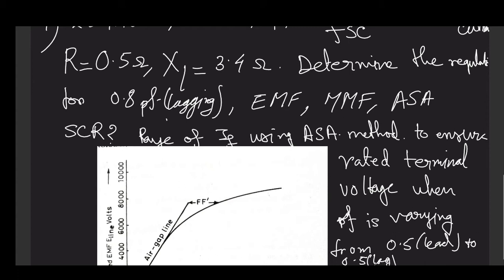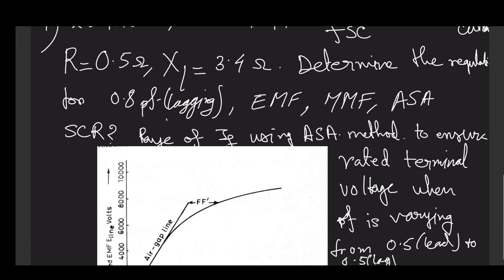So first try to understand the problem. Some data are given related to open circuit and short circuit, and you can calculate the rated current. Then we have to figure out the regulation for a given load at 0.8 power factor lagging using EMF method, MMF method and ASA method. I have not yet discussed ASA method.